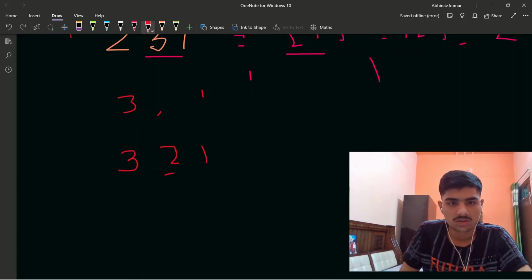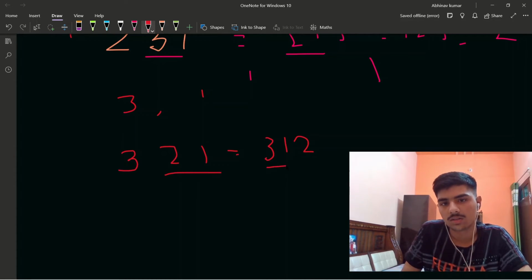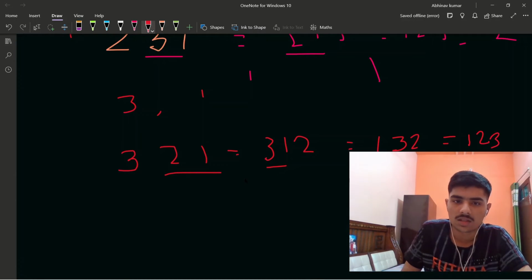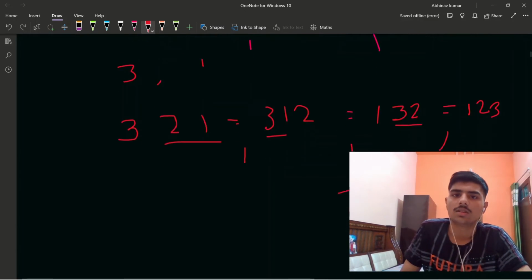We first sort both of them, then it is going to be 3, 1 and then 2. Then we sort this and this, then it is going to be 1, 3 and 2. And then we sort this and this, then it is going to be 1, 2 and 3. So there are going to be 3 steps, right? 1, 1 and 1. So the answer is going to be 3 in this case. So this is the third case.